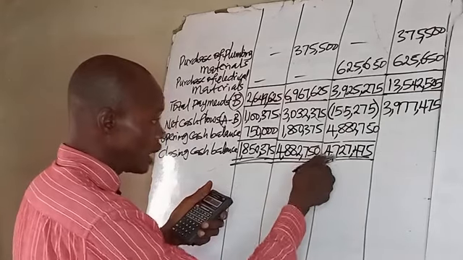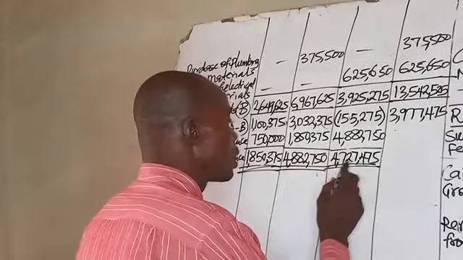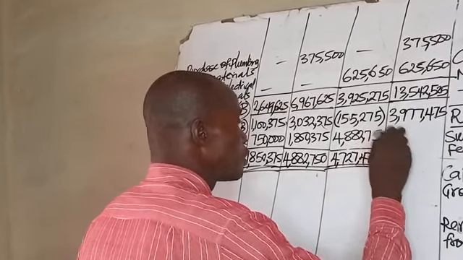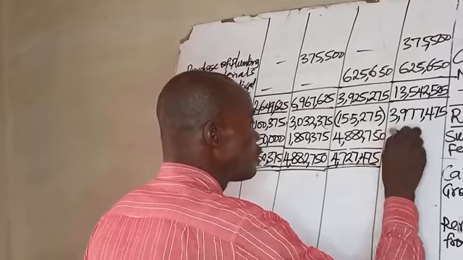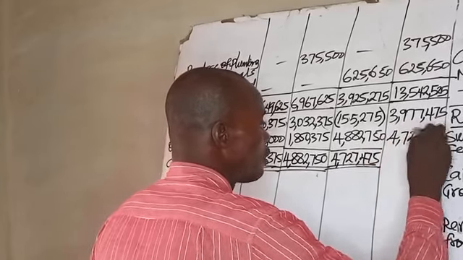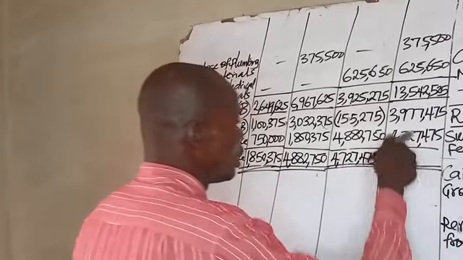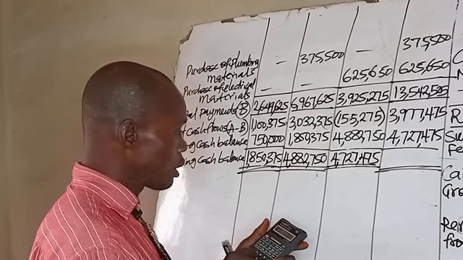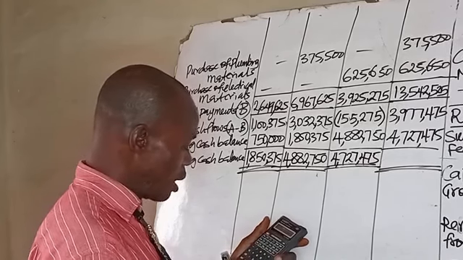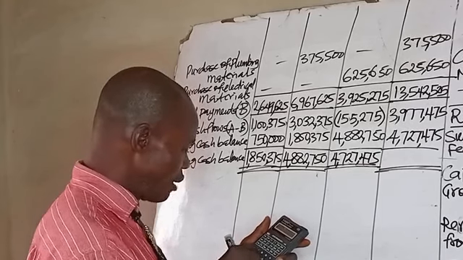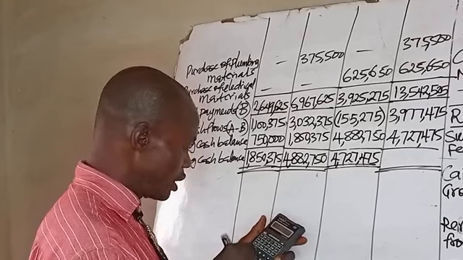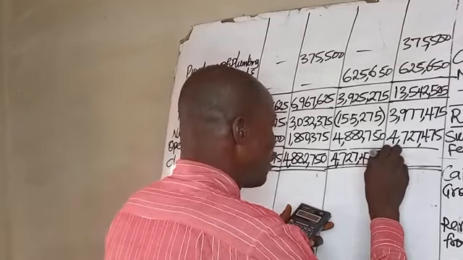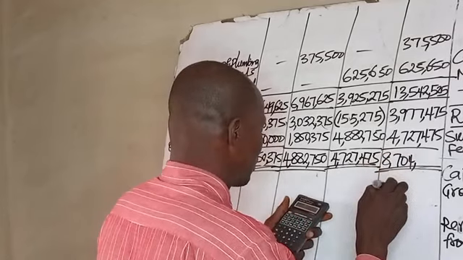This is the closing balance in March. So that is what we are going to have in the total column, 4,727,475. If you add it to the net cash flows, 3,977,475 plus 4,727,475, we have 8,704,950.